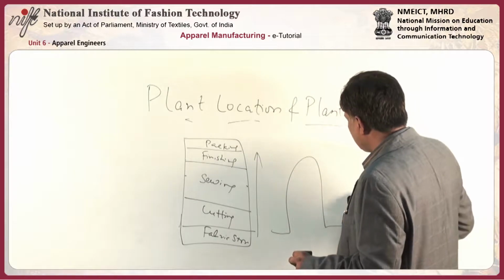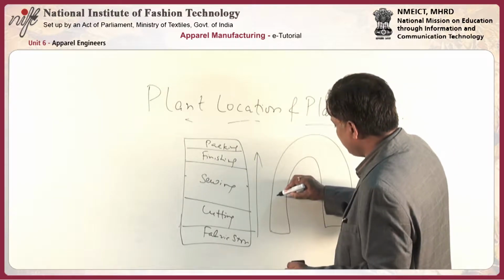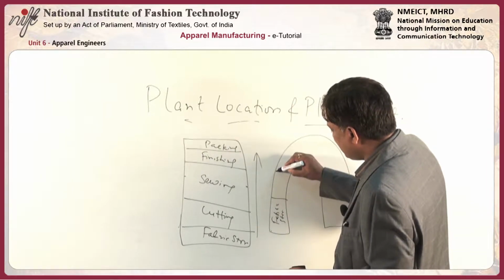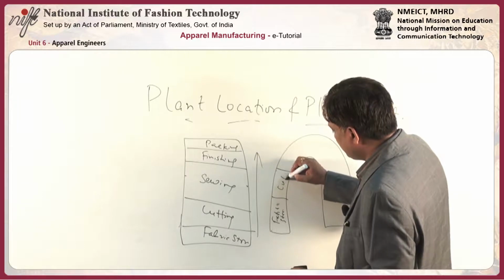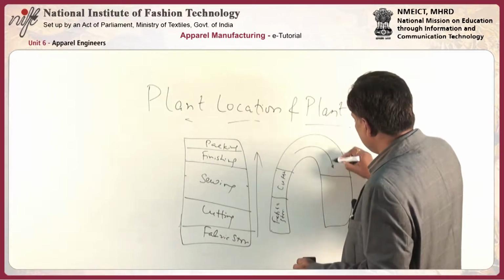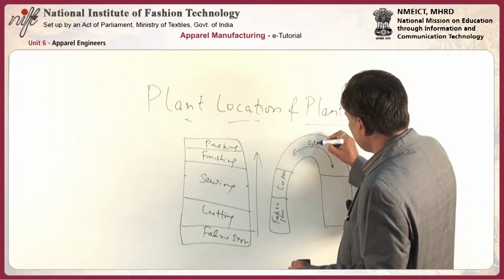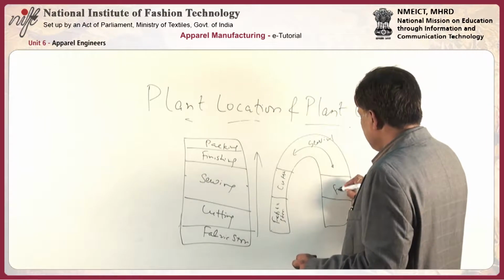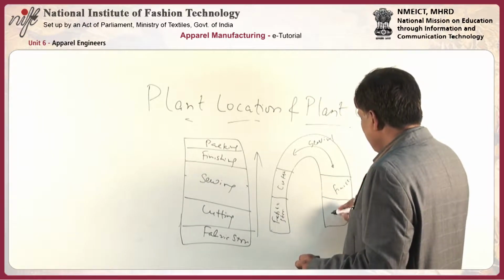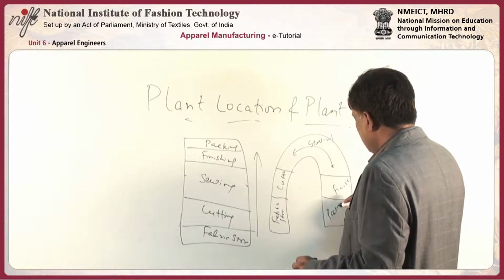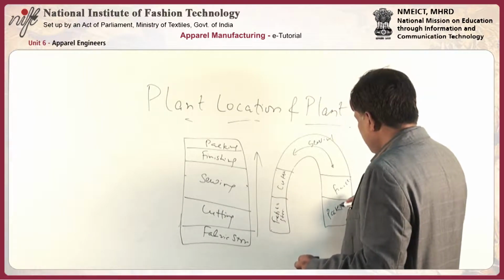Some layouts are like this, where this is the fabric store. Then we have the cutting area. Then maybe this complete area is for sewing. Then next is finishing, and this is the packed goods area, the packing area.